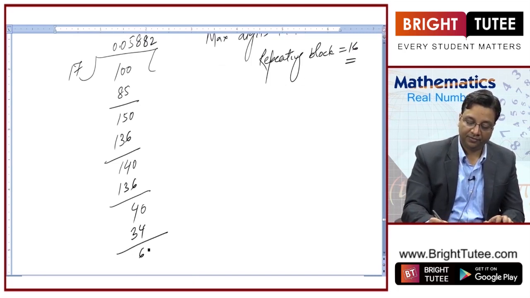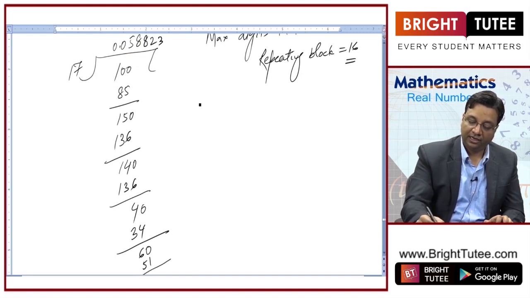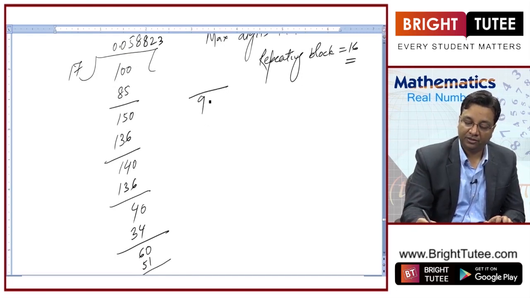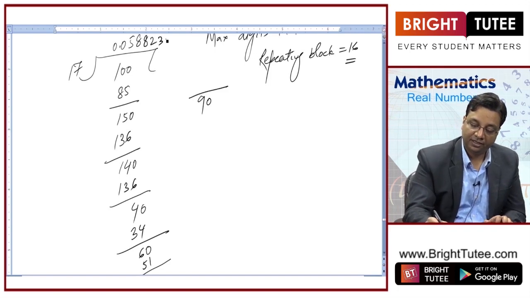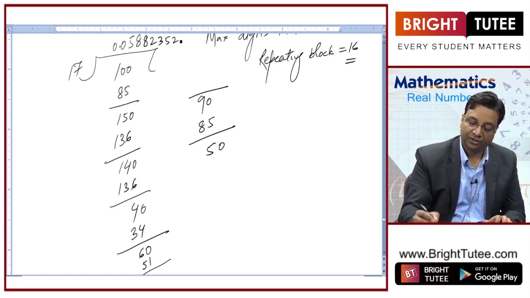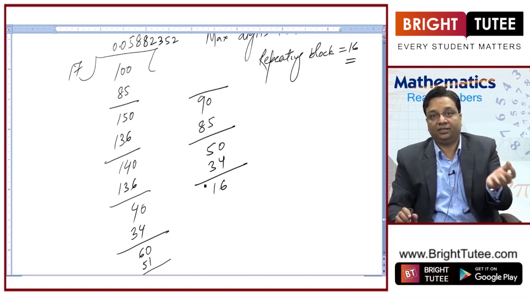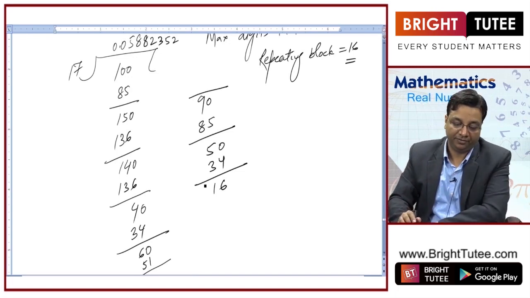I'll have 6 here. So 0. 17 3s are 51. So I'll have 9 here. So 9 is 0 here. 17 5s are 85, 5 here, so 50, 2, 34, 16, okay, still it will not start repeating, because if I get the same remainder as in the previous steps, then it will start repeating.